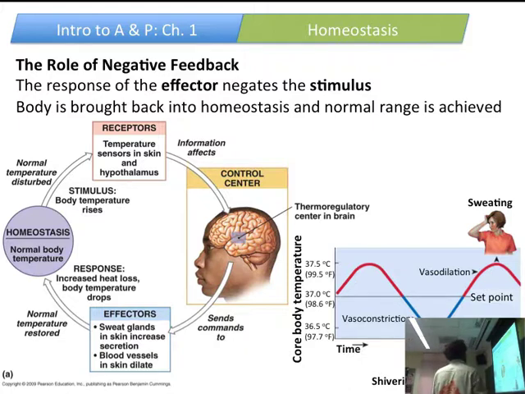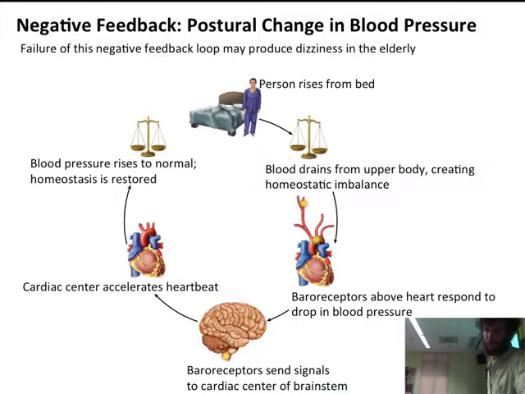We have body temperature, temperature sensors in the skin and hypothalamus, sensed by the brain. There's the thermoregulatory system in the brain, and then that turns on various effectors, your sweat glands, blood vessels begin to dilate in the periphery to radiate heat off, and brings you back to normal. And the temperature of your body oscillates in a manner similar to the way a house might.